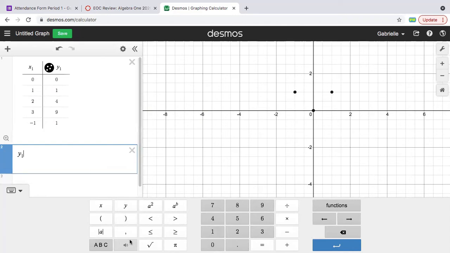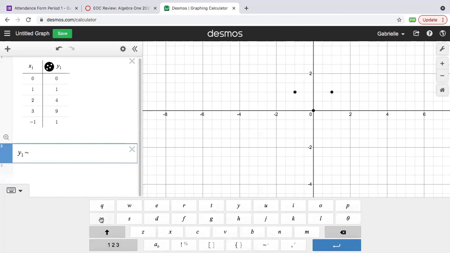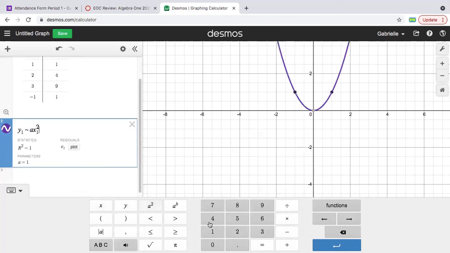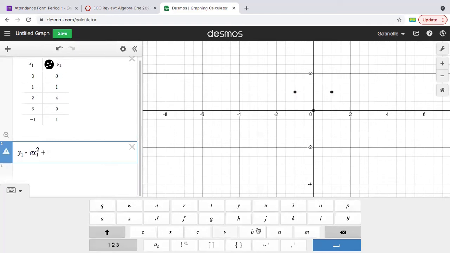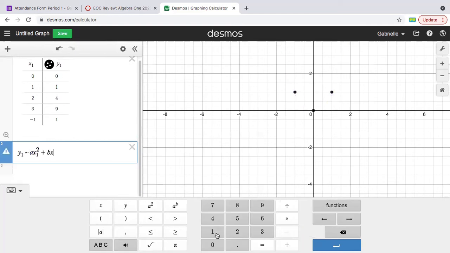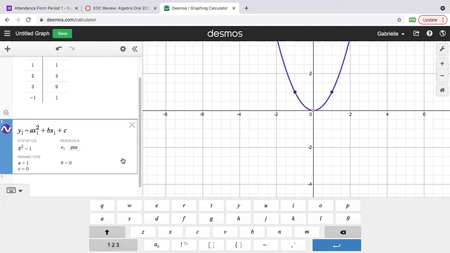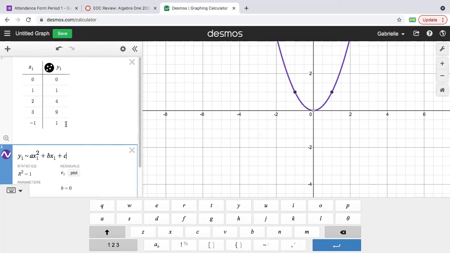So y1 squiggle a times x1 squared plus bx1 plus c. These are not on your formula chart, so you would technically have to memorize this. It gives me my a value, which is 1 for x squared, my b value, which is 0, and my c value, which is 0. So that's exponential regression, quadratic regression, and linear regression.